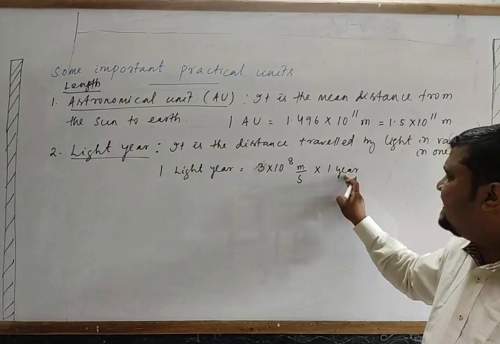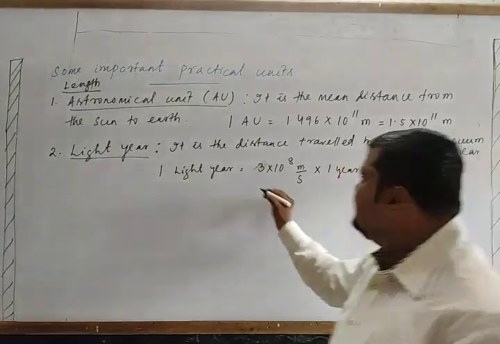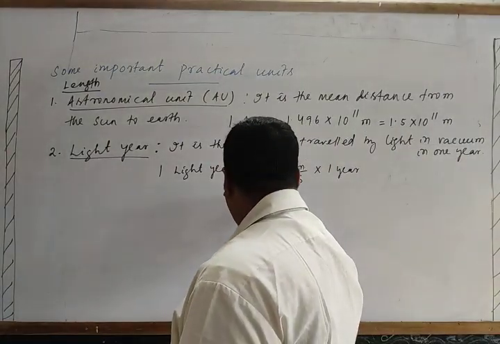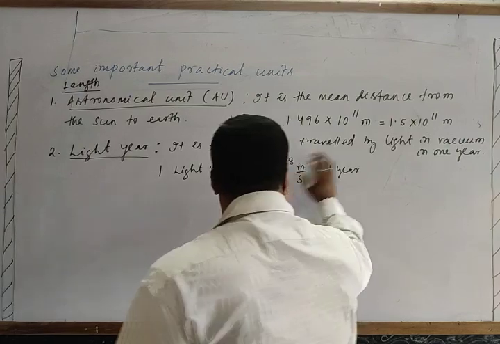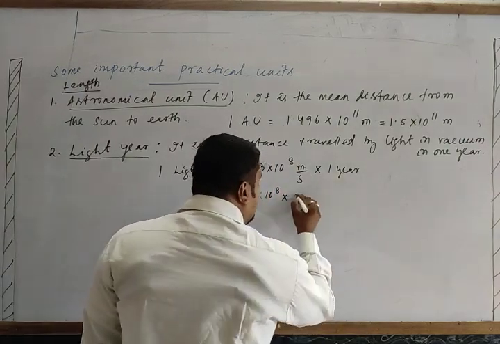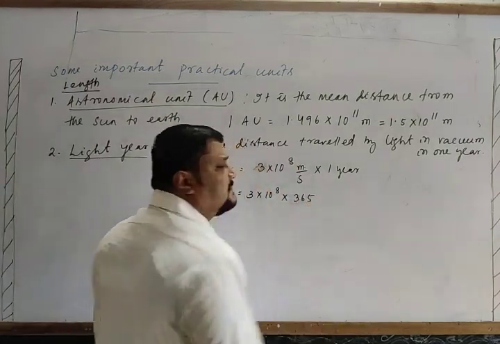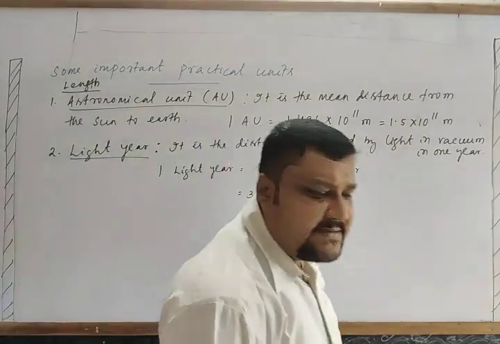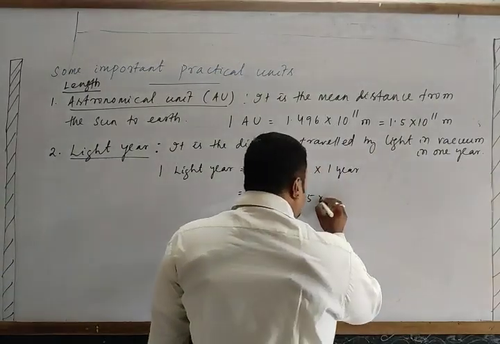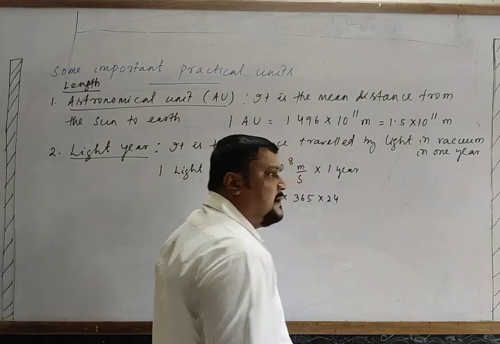If you convert this year into seconds, I write 3 into 10 to the power 8 into 365 days. 1 day has 24 hours.